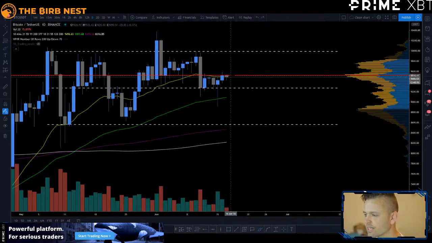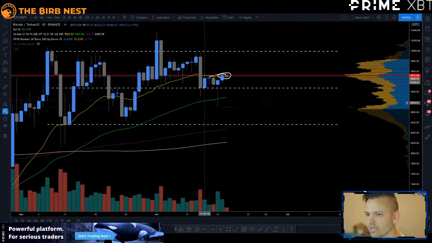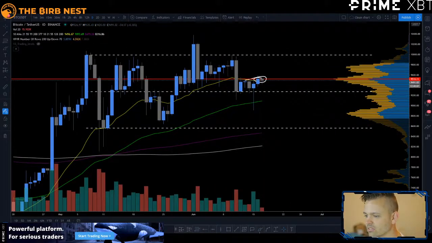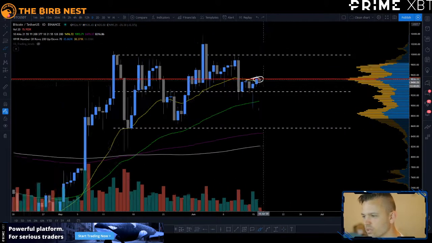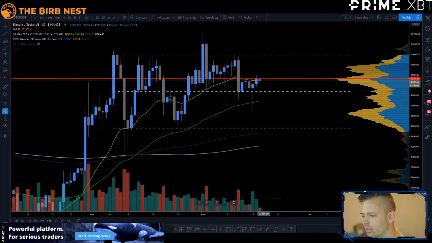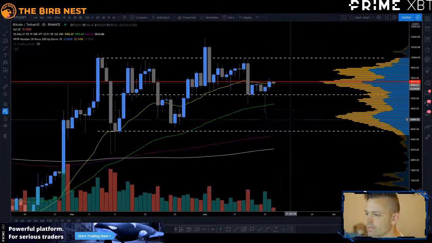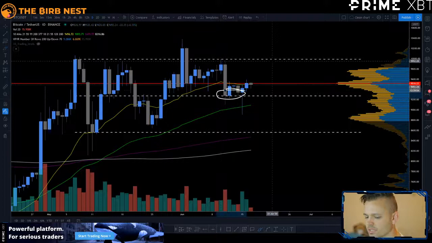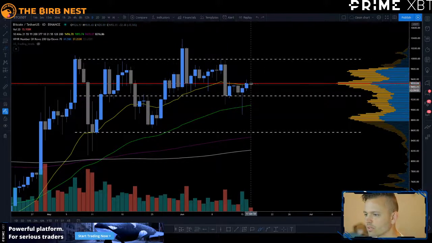But the fact that we can't reclaim the 21 EMA in a daily and this POC on the VPVR makes me think that as long as we are trading below the 21 EMA in a daily and this red line, with the volume looking like this, I'm not so sure that this is such a bullish sign, because we might very well just get a move like that.